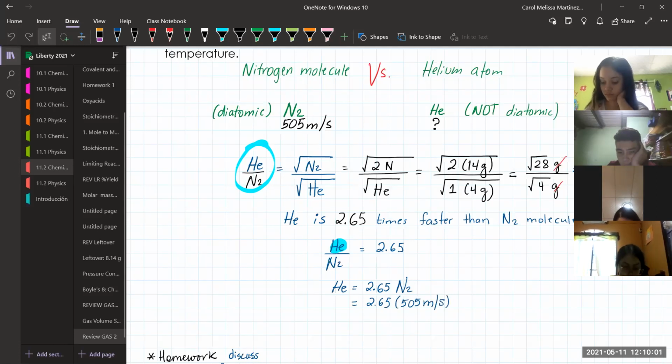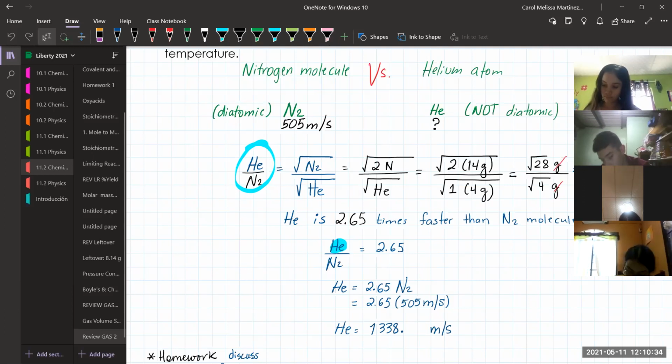How much is this? 1,328.25 meters per second. And take a look. This is it.